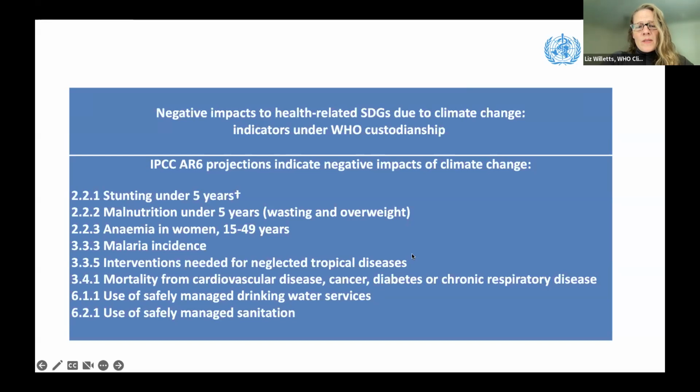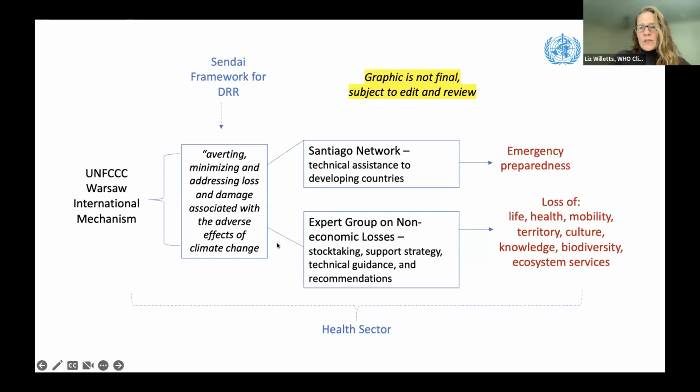If you look at the IPCC AR6, there are projections that essentially indicate all of these are being negatively impacted and will be increasingly negatively impacted while the WHO is trying to achieve them. So in terms of our mandate, we have the triple billion targets and we have these health-related SDGs, which we have a focus on.